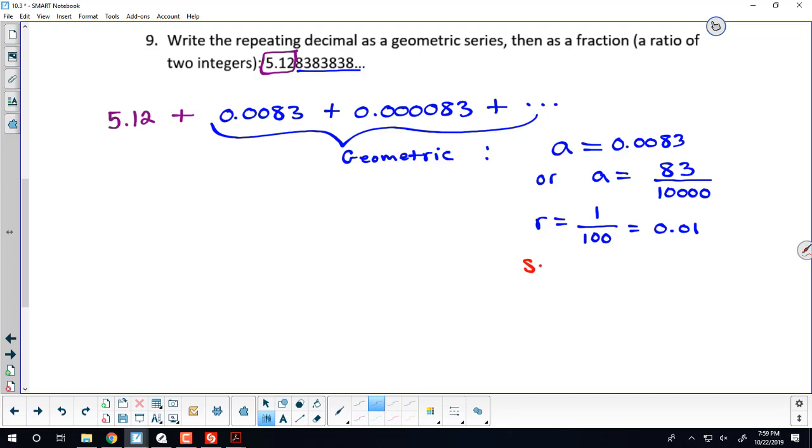So make a mental note: since the absolute value of r is less than 1, the infinite geometric series in blue converges, again to A over 1 minus r.